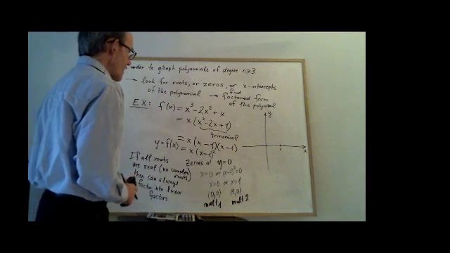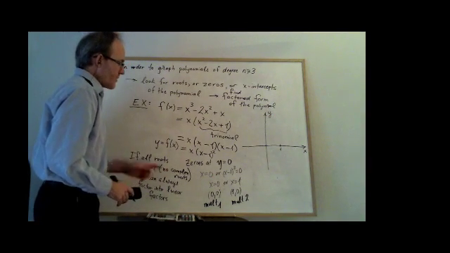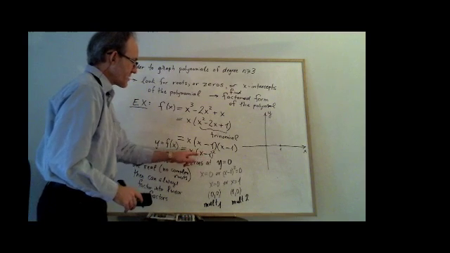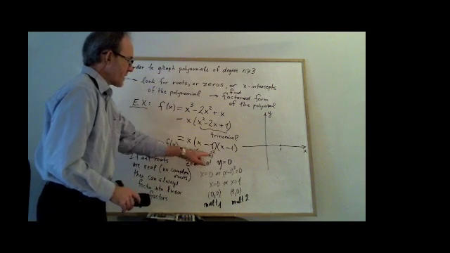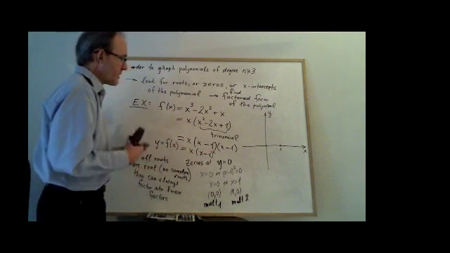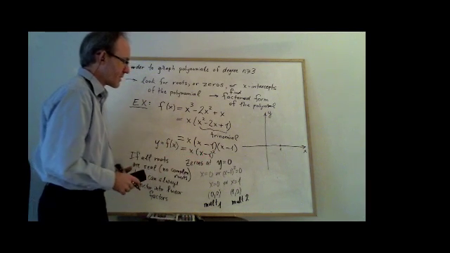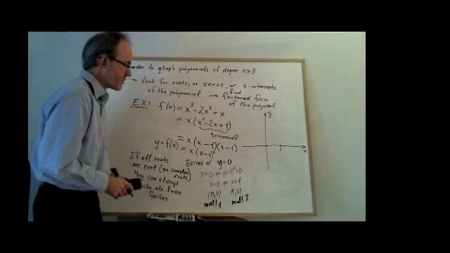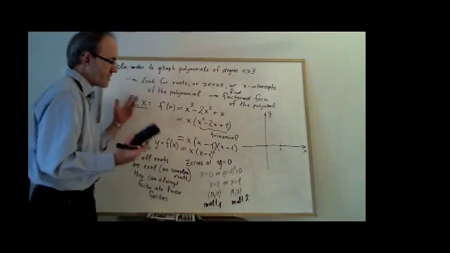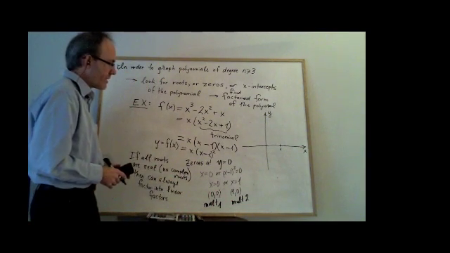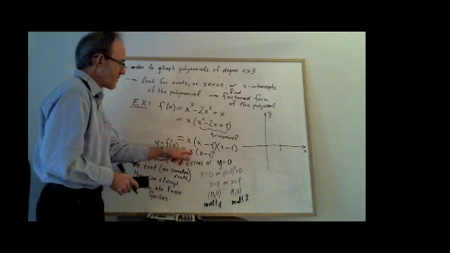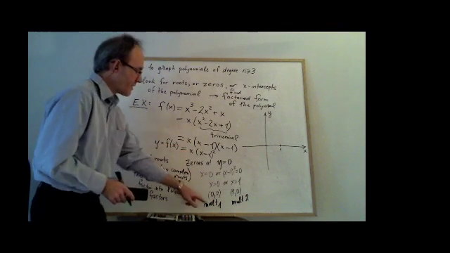Okay. And each factor might have powers associated with it, like this one does. So if it has a power, then that means that root, whatever that root is that makes this 0, is repeated. And I call that repeated root something with multiplicity 2 or 3 or whatever. If it's just a linear factor by itself and there are no others like it, then that's multiplicity 1.